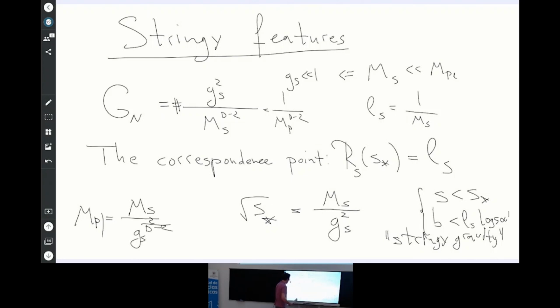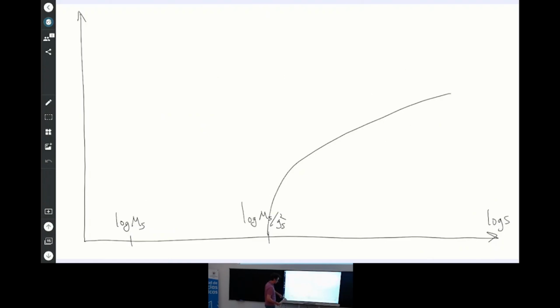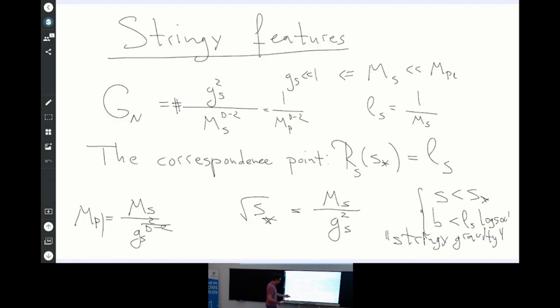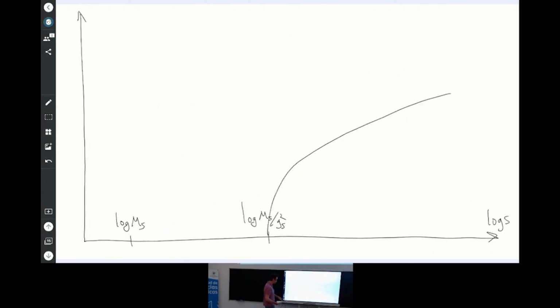So I can put M Planck here on this curve, and because we are dividing by a small number, this is larger than M Planck. So much larger than M Planck, because here you have gs to the 2 over d minus 2. The idea is that somehow this collapse region is bounded here.